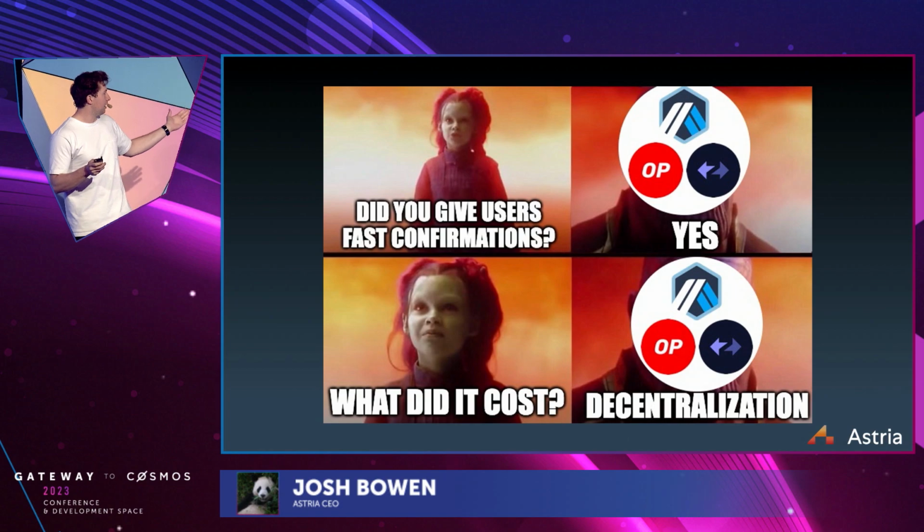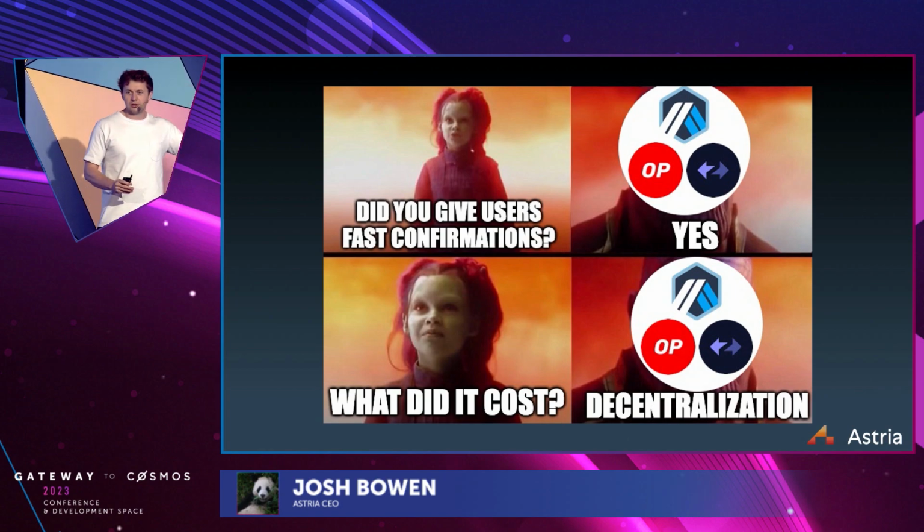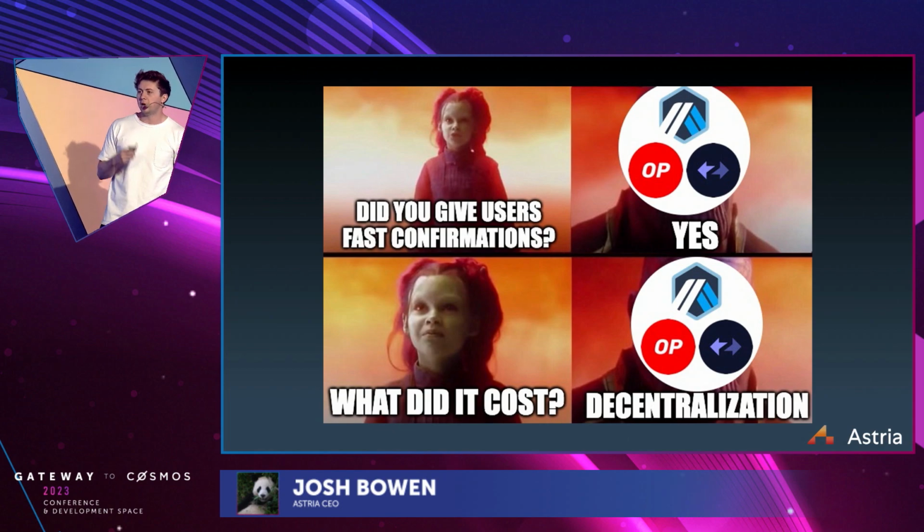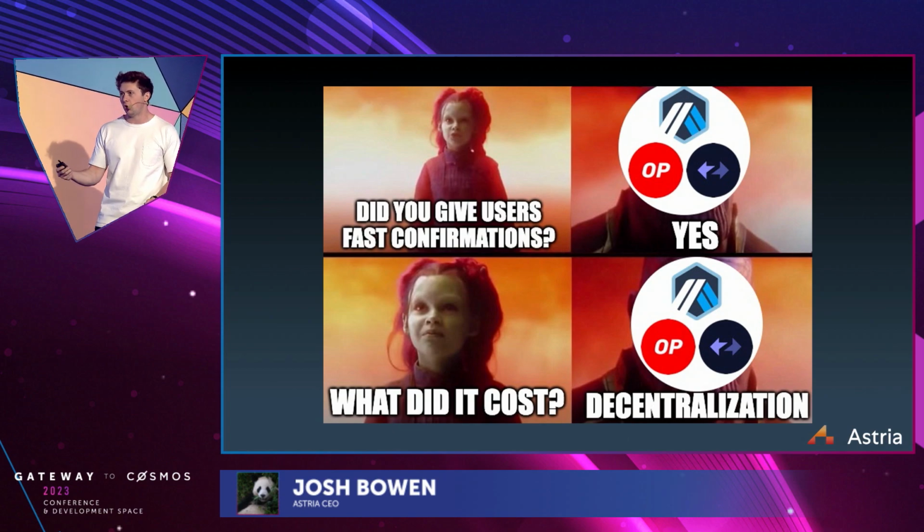I know this is a Cosmos conference, but this is very Ethereum focused. This is the state of the existing rollups on mainnet Ethereum. Users do, in fact, get fast confirmations from these sequencers, but this comes at the cost of decentralization, because right now we have sequencing nodes run by a single party, generally the development entity that is building the given rollup.